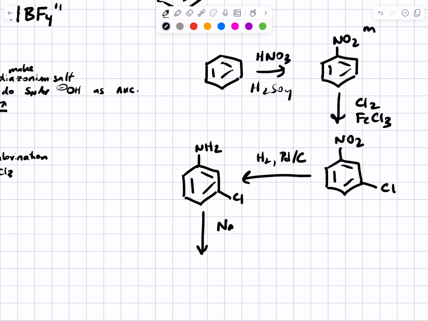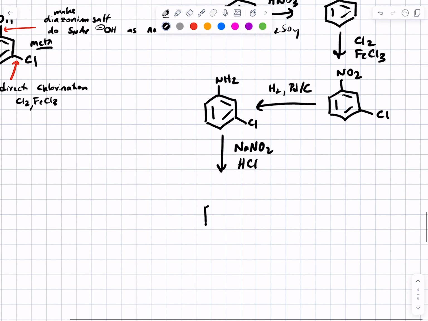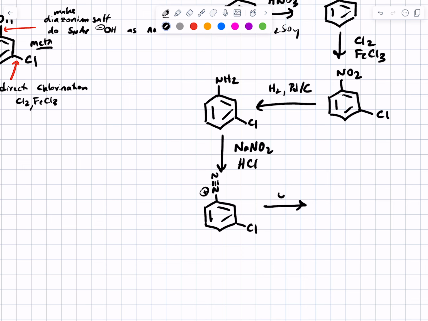Then you diazotize. That's using NaNO2, sodium nitrite, and HCl. That converts the aniline into the diazonium group. Then finally you do the SNAR reaction, the nucleophilic aromatic substitution reaction, to put the OH in the right place.